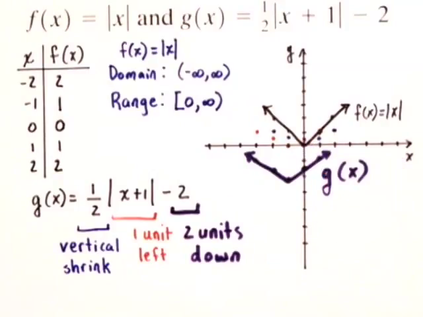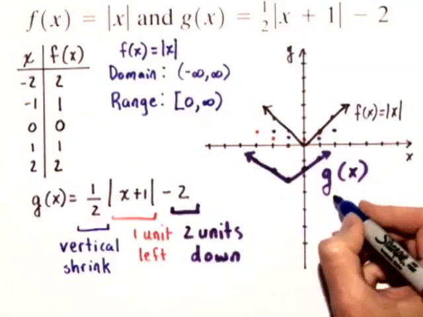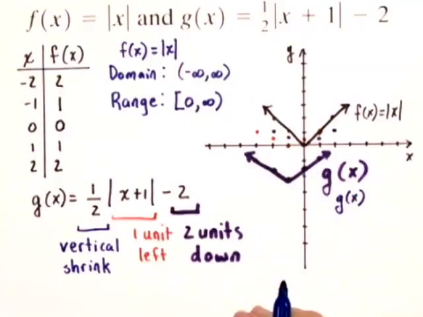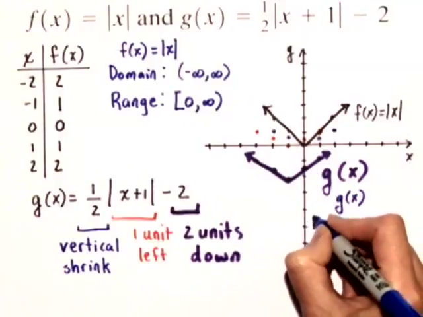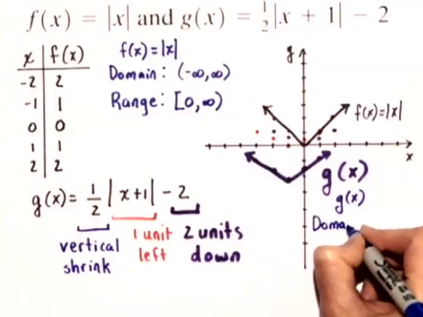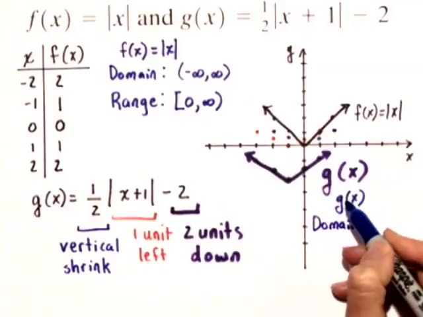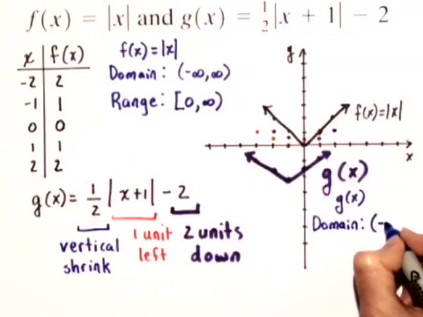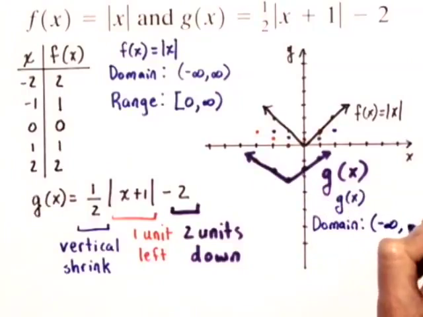Now let's also take a look at the domain and the range of our new function g of x. So for g of x, here in purple on the graph, I have a domain. Again, for x, I can let x equal any real number that I like. So from negative to positive infinity.